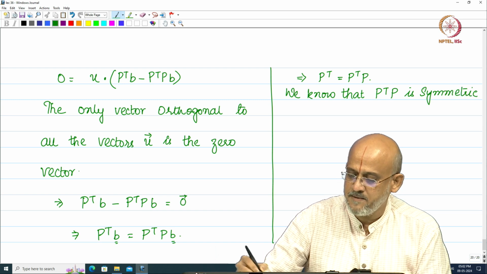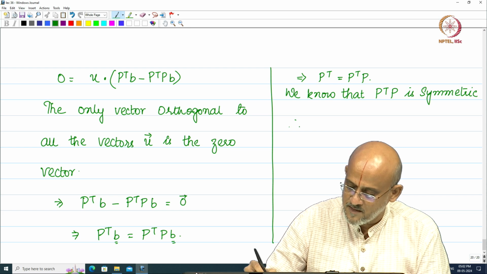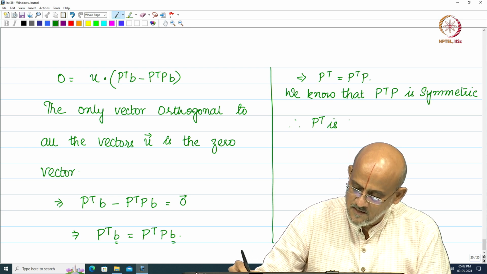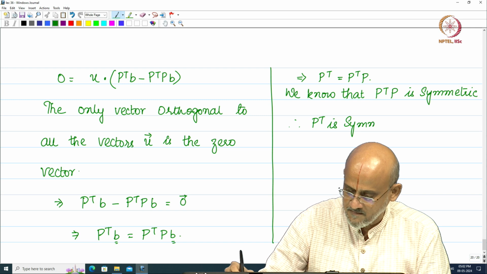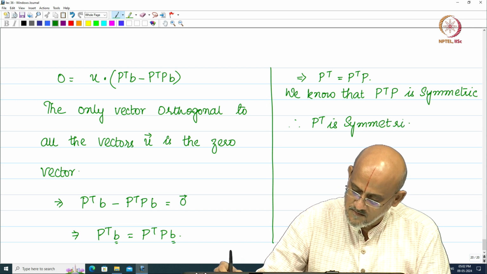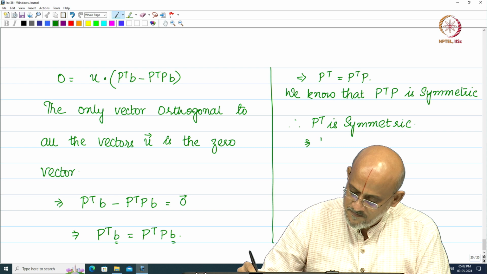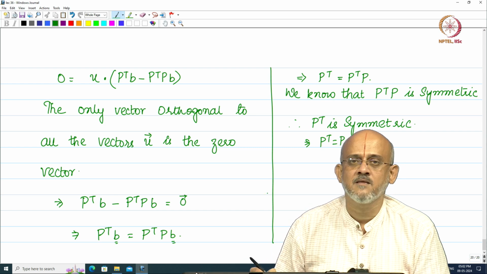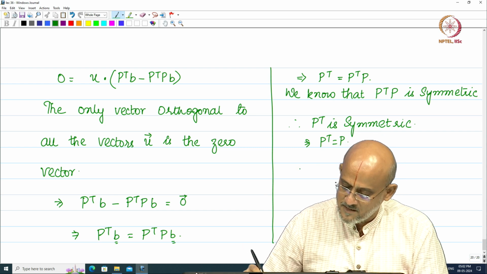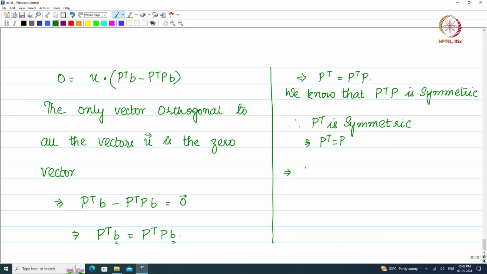Now here we have a matrix P transpose which is equal to a symmetric matrix, therefore P transpose is symmetric. Which implies P transpose is equal to P. And the moment we know that P transpose is equal to P, this also implies P is equal to P transpose P, which is P into P, which is P square.